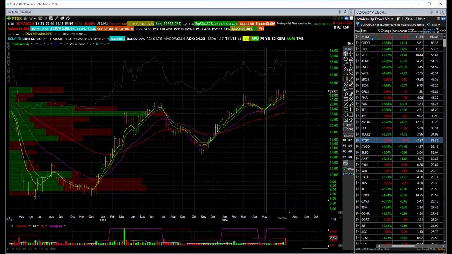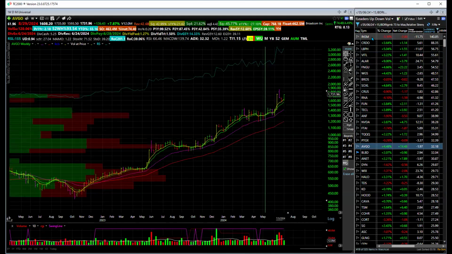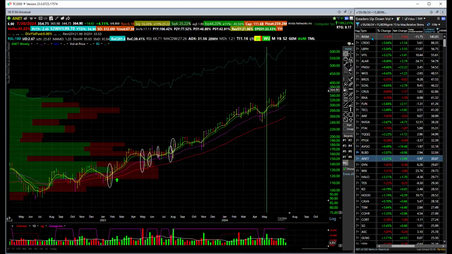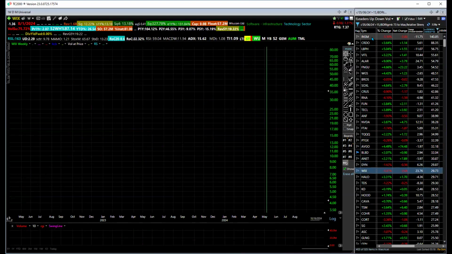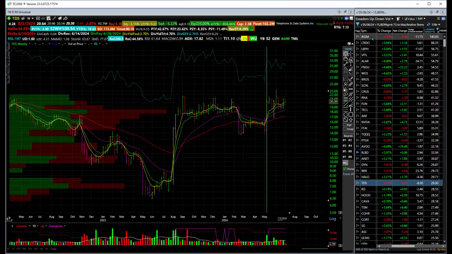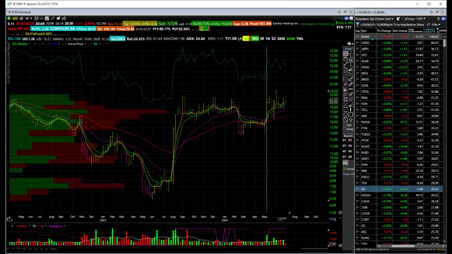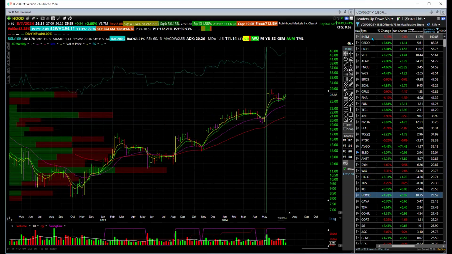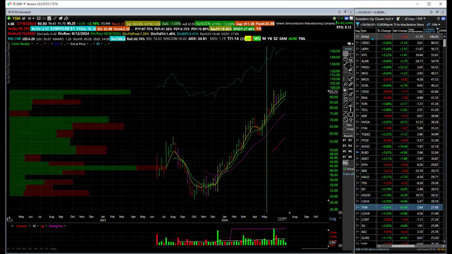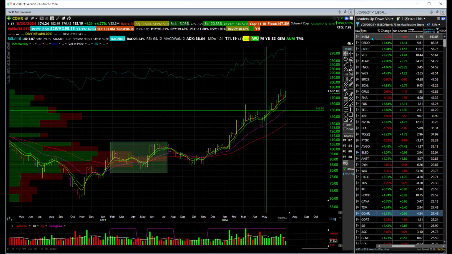So this one's starting to set up in a base, strong trend up, base, up, consolidation, base, up, strong trend up.